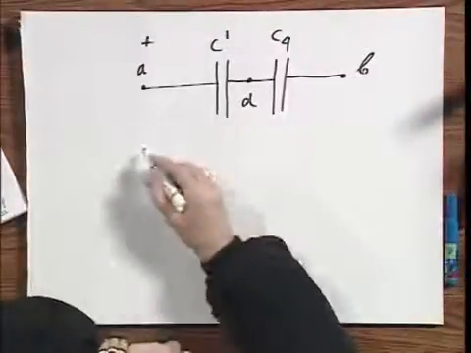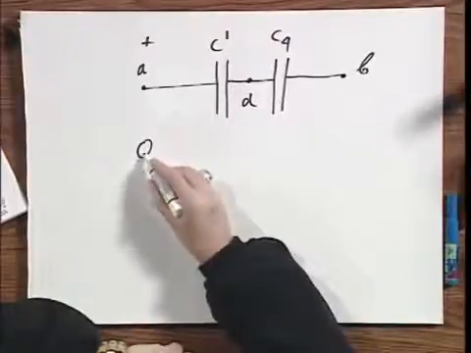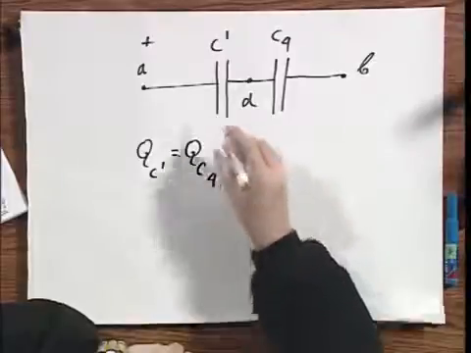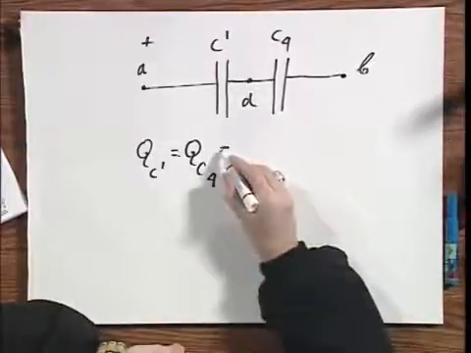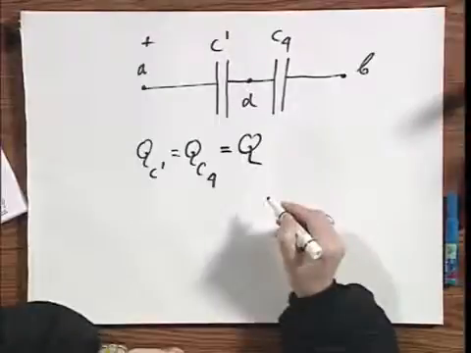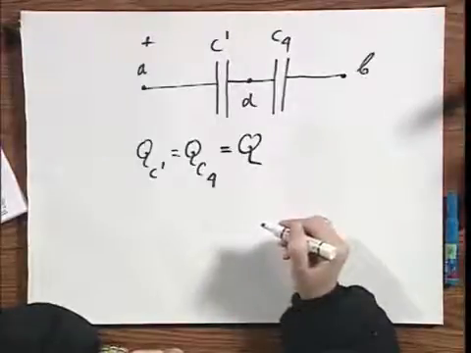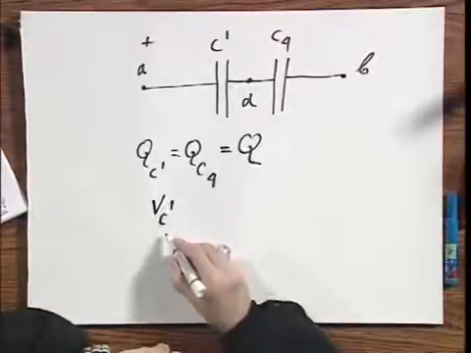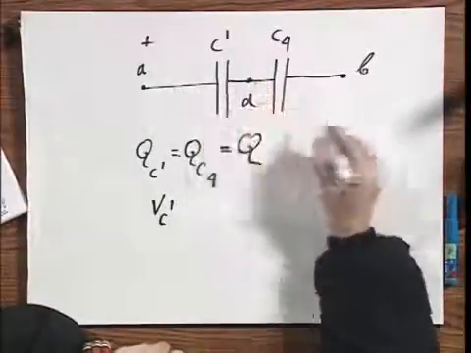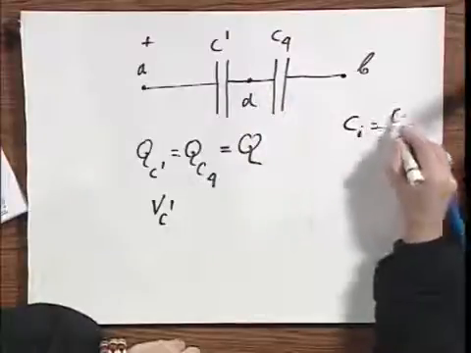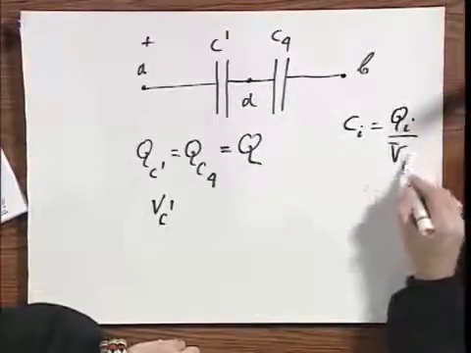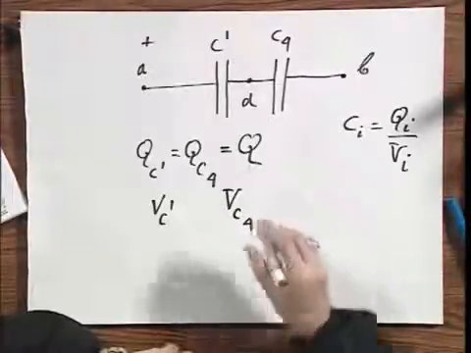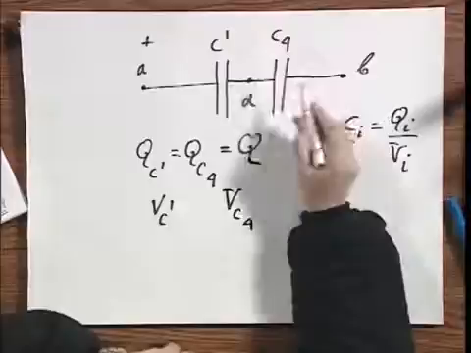And if you go back to my introduction, then the Q on C prime must be the Q on C4, two capacitors in series, and therefore I will call this Q. And so it's very easy to calculate for you now what V of C prime is, the potential difference over here, because C of I equals Q of I divided by V of I, and it is also very easy for you to calculate what the potential difference is over number 4.